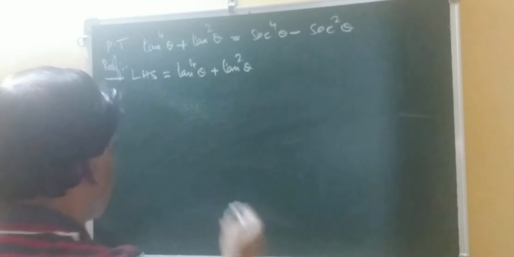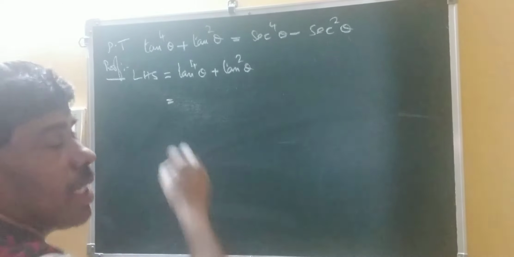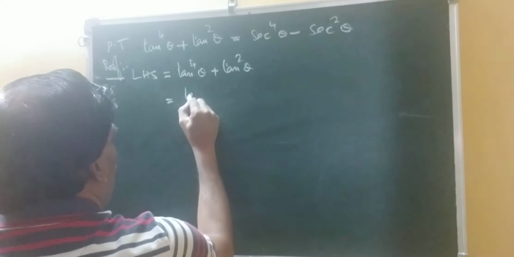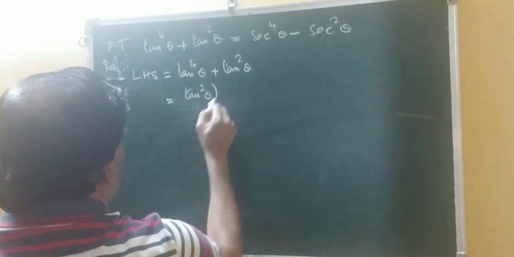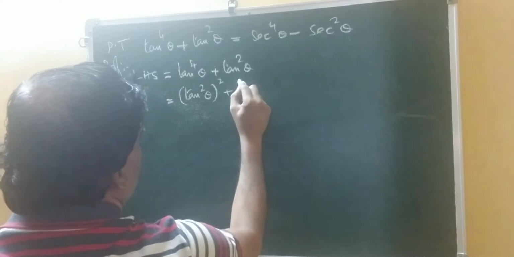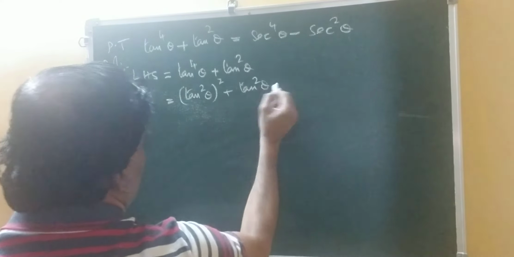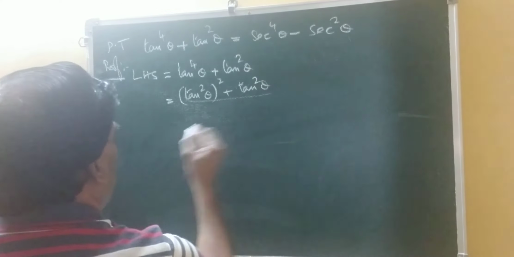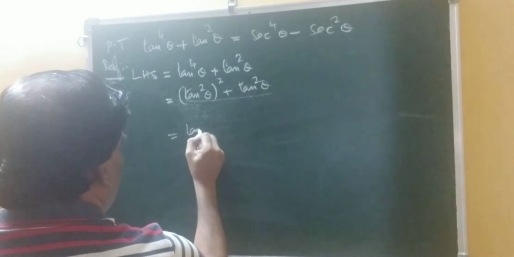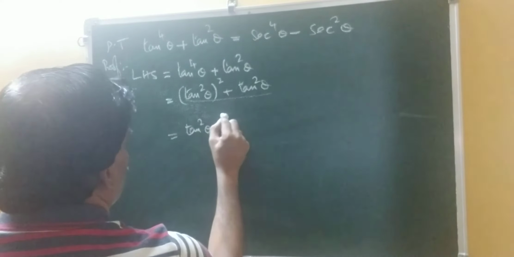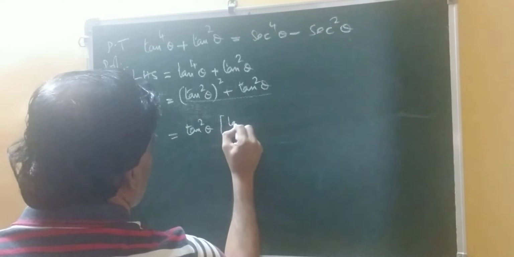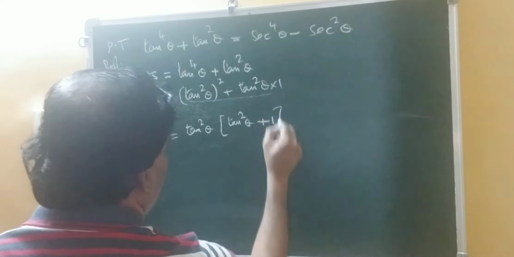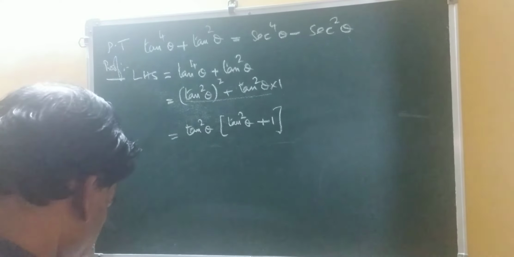Now look at this. This is tan raised to 4 theta means what? Tan square theta the whole square plus tan square theta. Followed or not? Yes. So what is common in this? Tan square theta. So what is happening here? Tan square theta into (tan square theta plus 1). Okay.